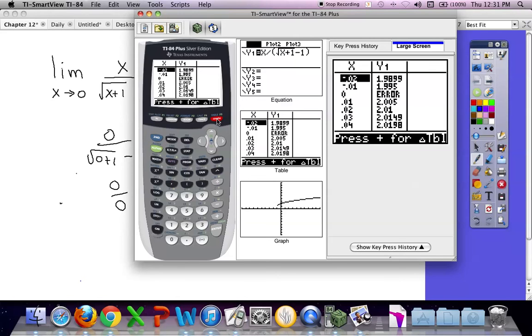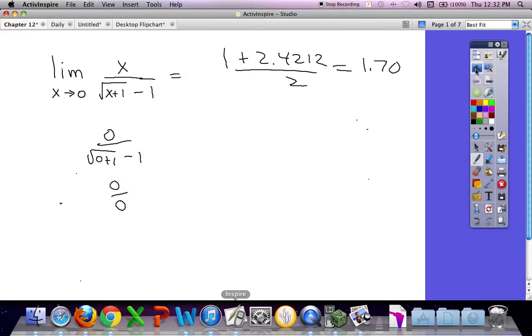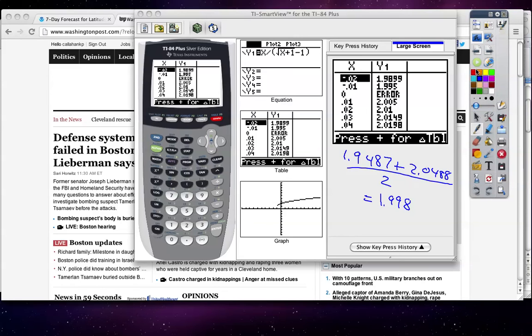Okay, now the value before is 1.995. The value after is 2.005. Take 1.995 plus 2.005 divided by 2. And what is that? It looks like it's 2, isn't it?